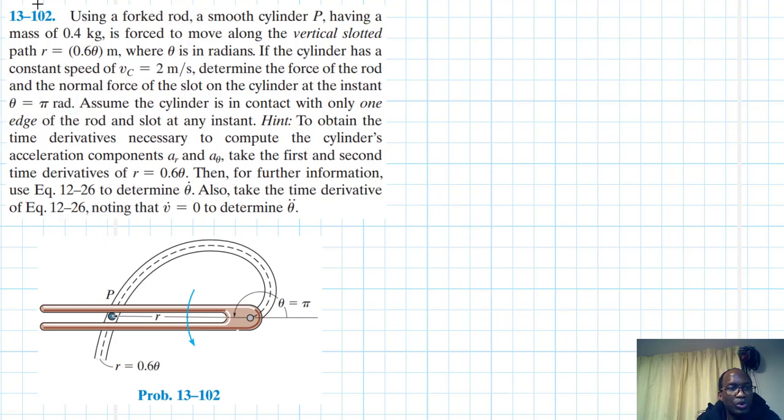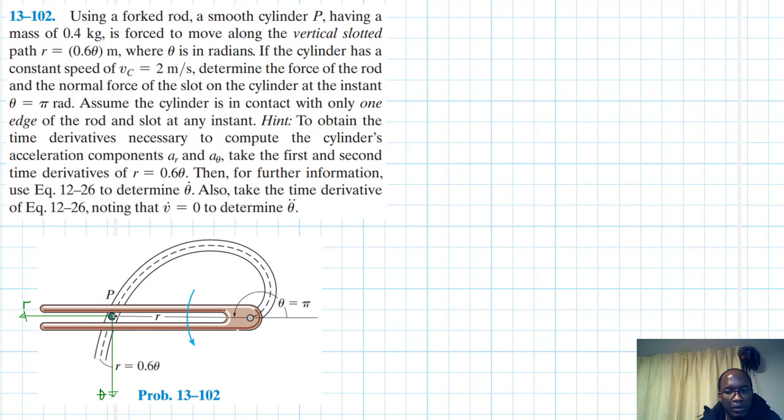Of course, we are dealing with polar coordinates. So we have one coordinate like so, which is the radial coordinate. This is the positive direction, and this one here is theta. So let's label them. This is r, this is theta.